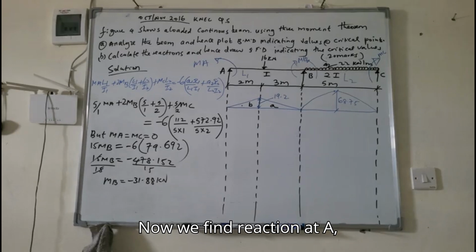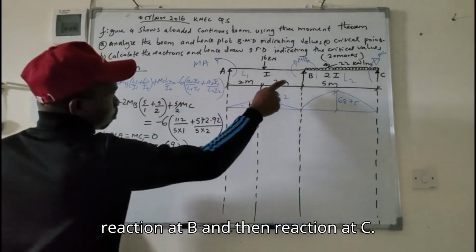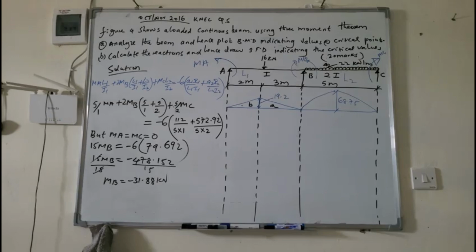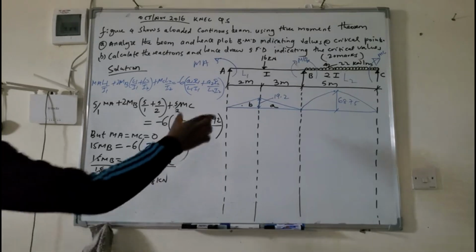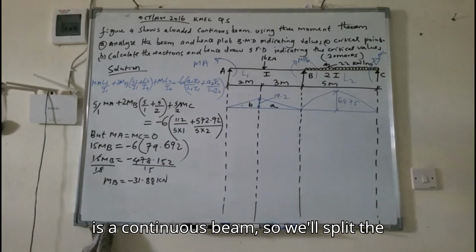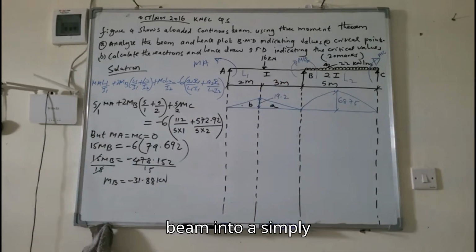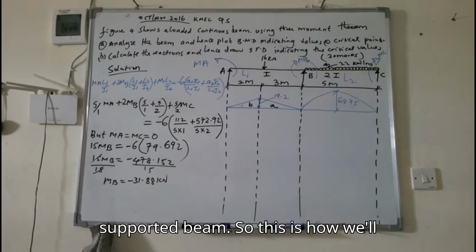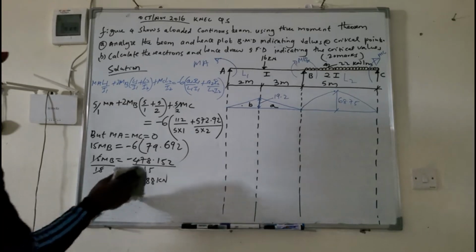Now we'll find the reaction at A, reaction at B, and then reaction at C. To do so, we split this beam. It's a continuous beam, so we'll split it into simply supported beams. So this is how we will split.